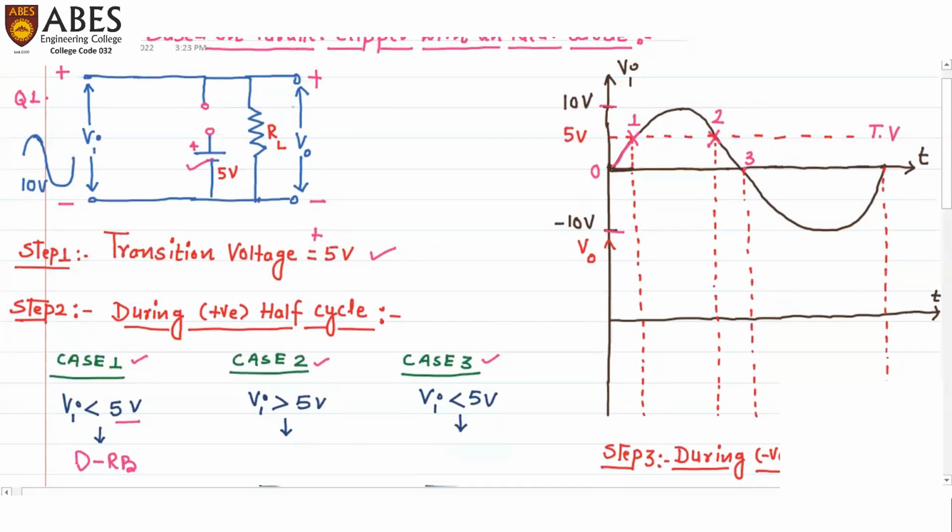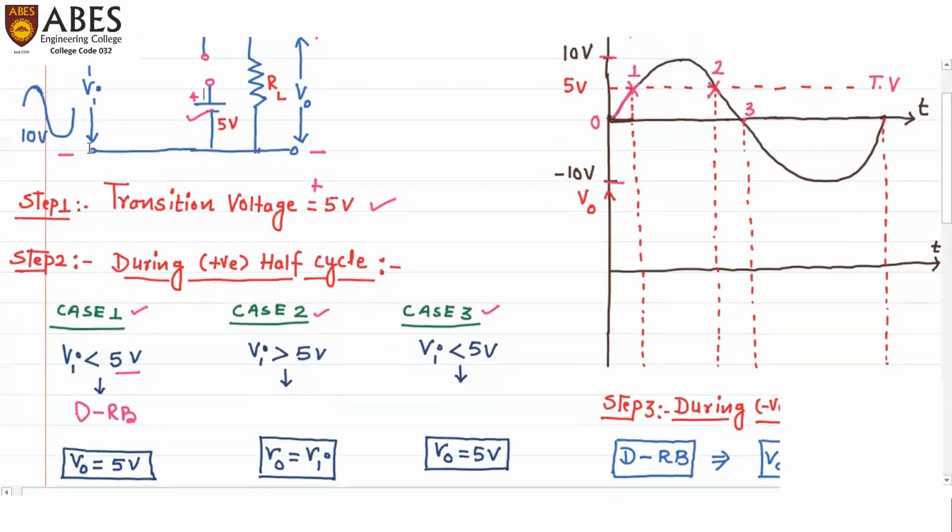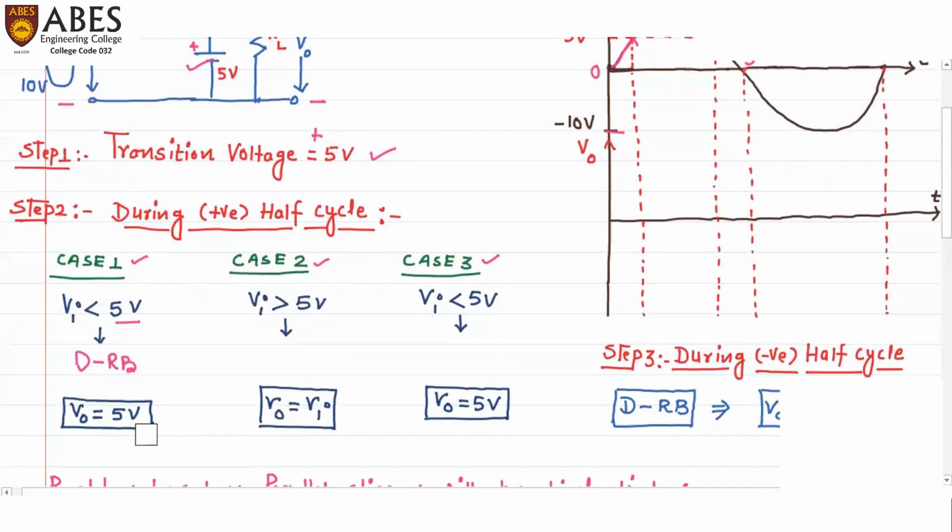Therefore, V naught will be equal to Vi. It means whatever the input voltage is, the same we will get at the output. So let's see what the input voltage is during case number 1.